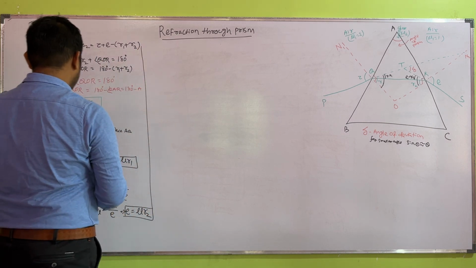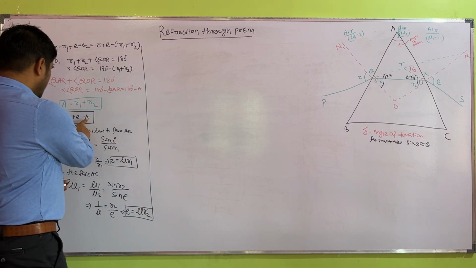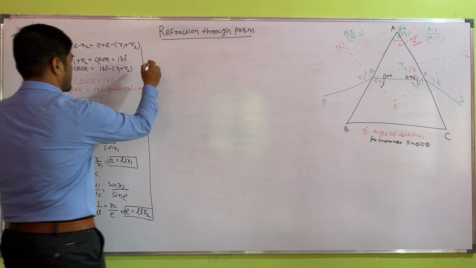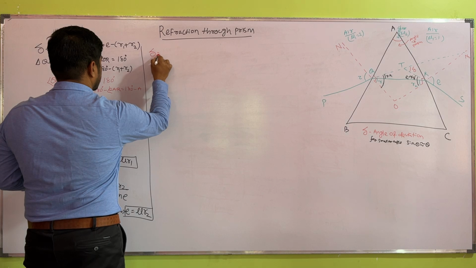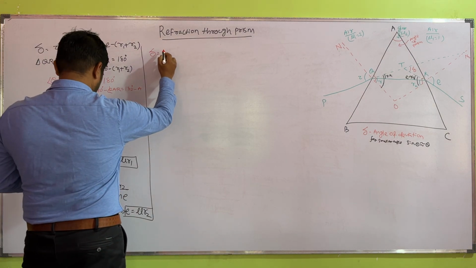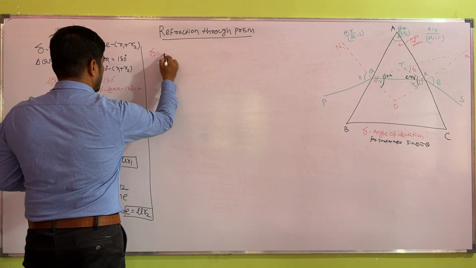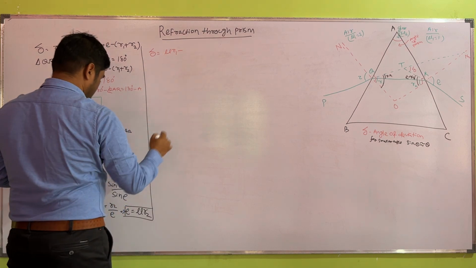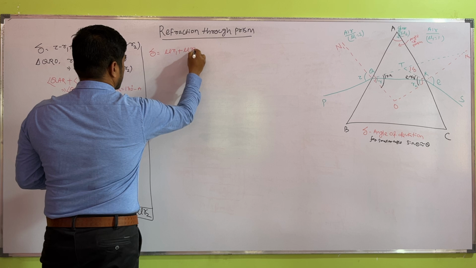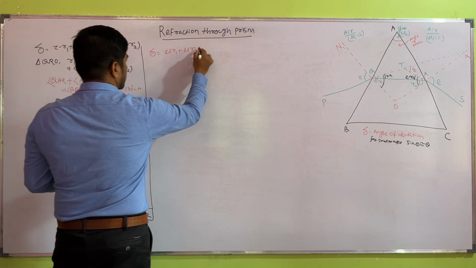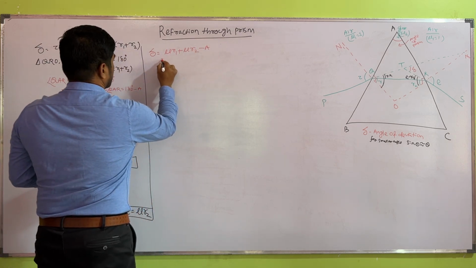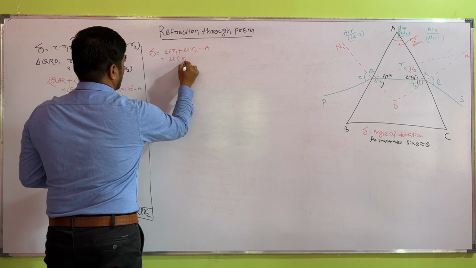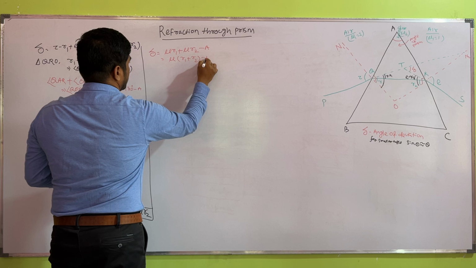Now, putting the values of i and e into the equation of angle of deviation, it will be delta equals i, where the value of i is mu r1, and the value of e is mu r2, minus A. So that equals, taking mu common, mu (r1 plus r2) minus A.